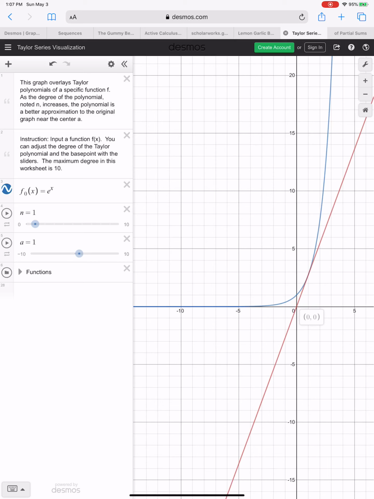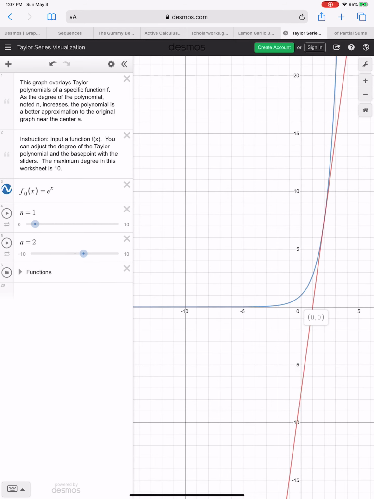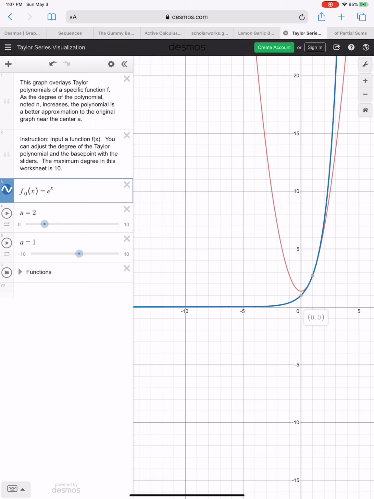Now if we go back here and increase this to 2, right? Now, oops, I'm sorry, we didn't want to increase a to 2. We're leaving a at 1. We're increasing the degree to 2. Now we see the best polynomial centered at 0e.